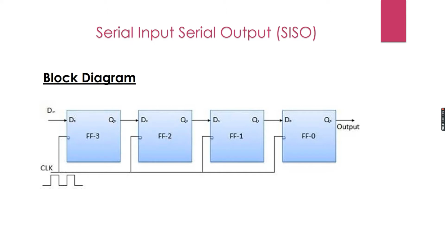After we start giving serial input D in to our SISO, it starts shifting data on each negative clock edge, and the shifted data starts giving output at Q0 in the end. So we get our output after 4 clock cycles here. We will show how the operation works in the next slide.